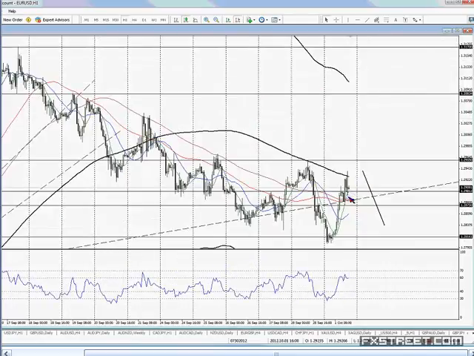We did see 1.29 crack, so that was kind of key. It's not the most important break, but I think the ability to do that does show you that bears aren't in full control. Okay, and it's been like that throughout, right? Very choppy market.